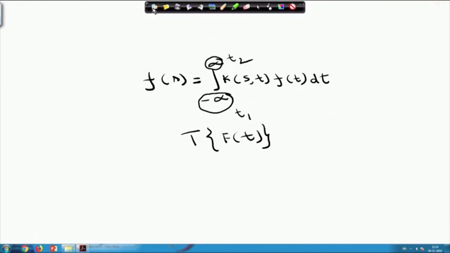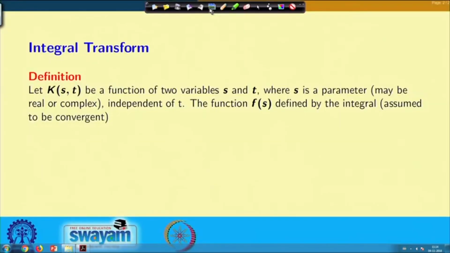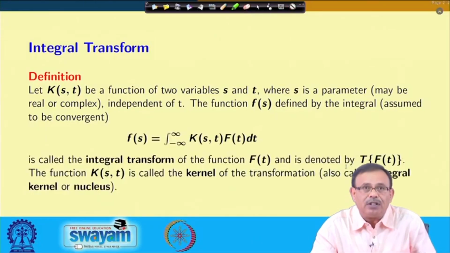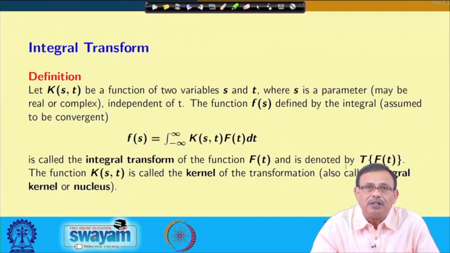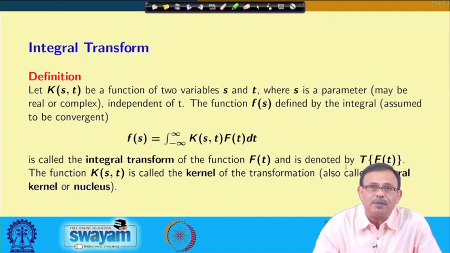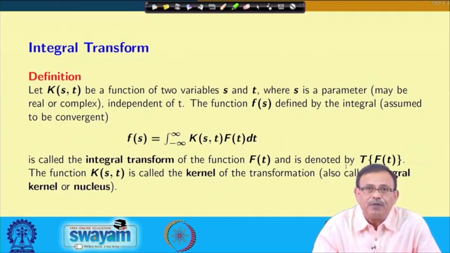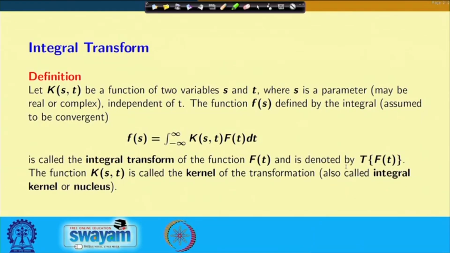Here you see the thing which I told. The function F(s) has been defined this way: F(s) equals the integral from minus infinity to infinity of K(s,t) f(t) dt, is known as the integral transform of the function f(t) and is denoted by T of f(t).